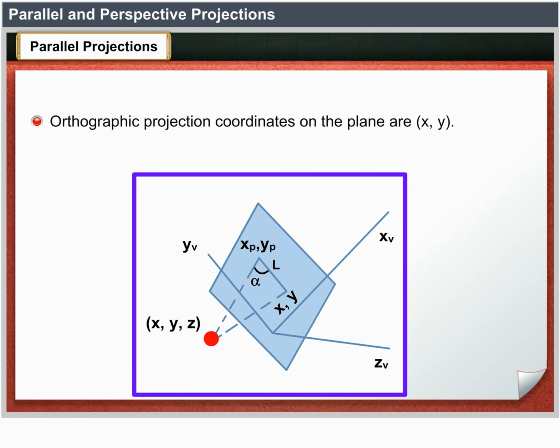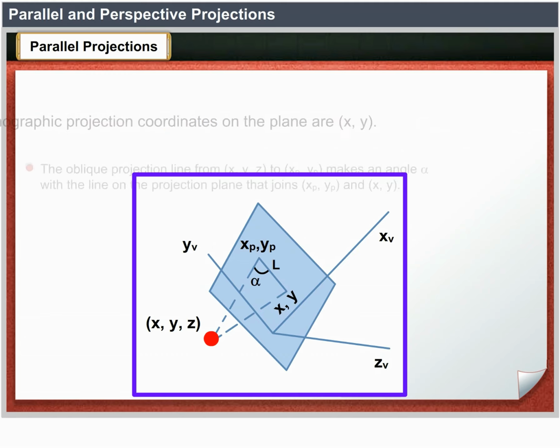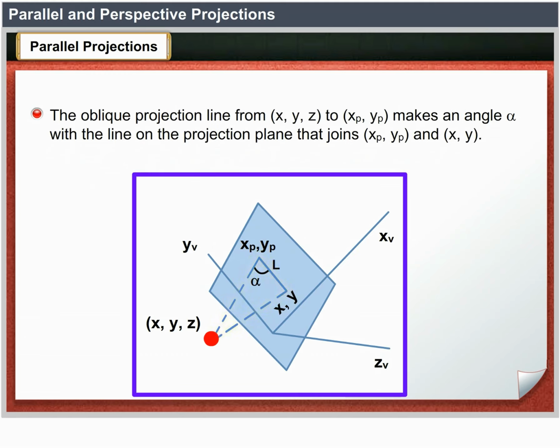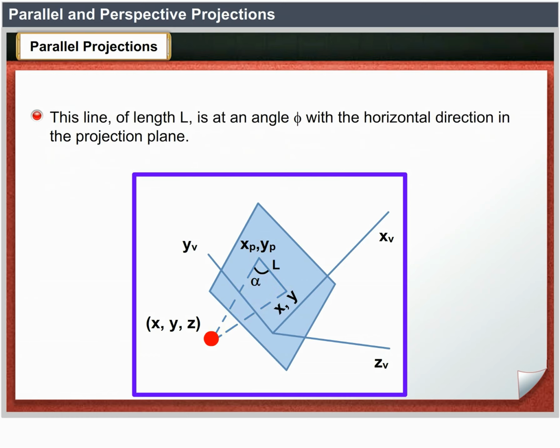Orthographic projection coordinates are on the plane x, y. The oblique projection line from x, y, z to xp, yp makes an angle alpha with the line on the projection plane that joins xp, yp and x, y. This line of length L is at an angle phi with the horizontal direction in the projection plane.